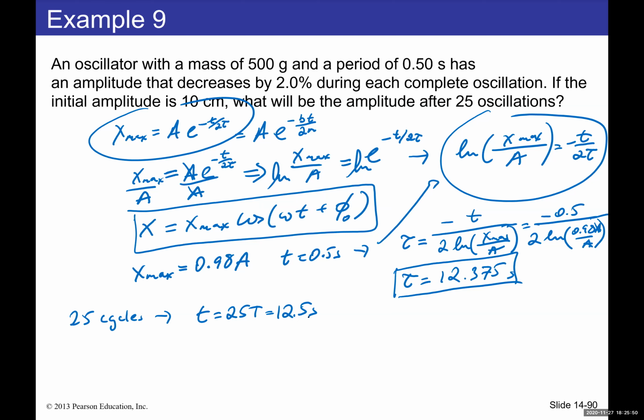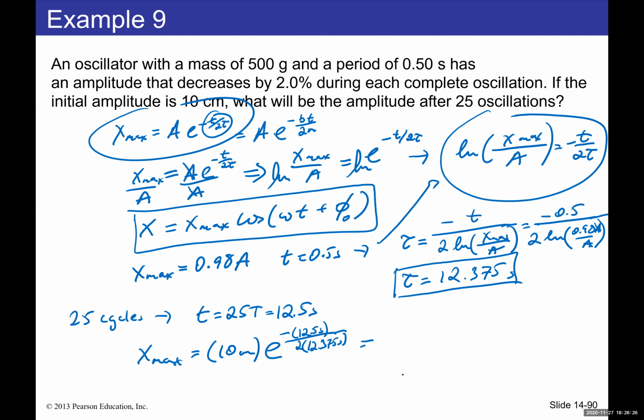So what we do here is we can say that at this time, the amplitude will be x max equals 10 centimeters e to the negative, remember, t over 2 tau. So negative 12.5 seconds over 2 times 12.375 seconds, 2 times tau.